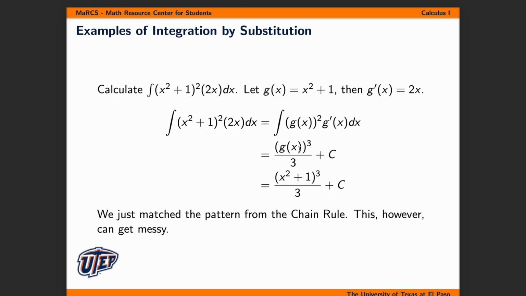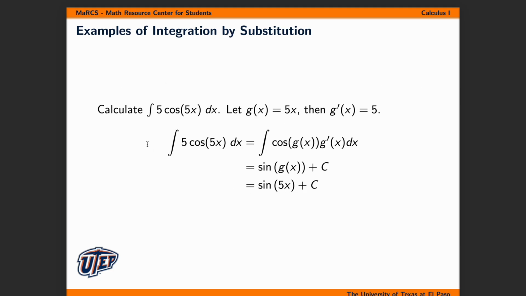So that's why we have g of x to the 3 divided by 3 plus our constant of integration. So then plugging back in our initial expression, we have x squared plus 1 raised to the power of 3 divided by 3 plus our constant of integration because we have an indefinite integral. And we just matched the pattern from the chain rule. However, this can get messy.